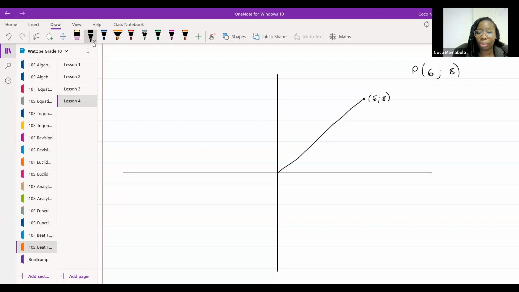Who remembers what that line from the origin to the point P is called? What do we call this line? Who remembers? Anybody? I'll give you a hint, guys. It also has something to do with a circle. Yes, that's it. Good.